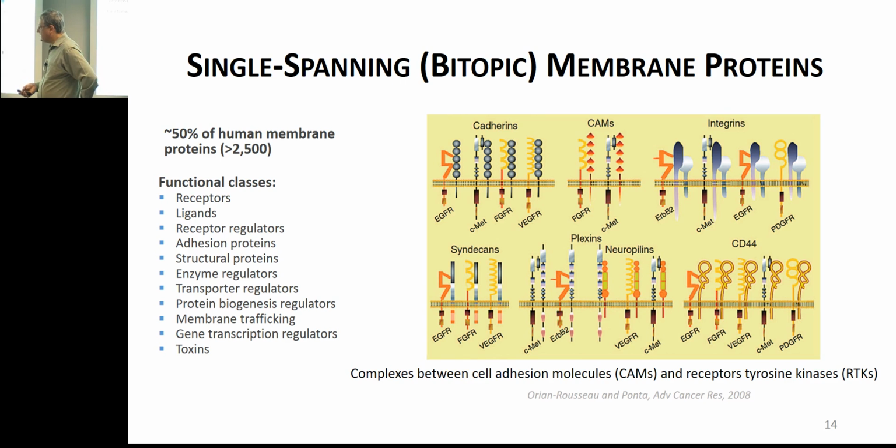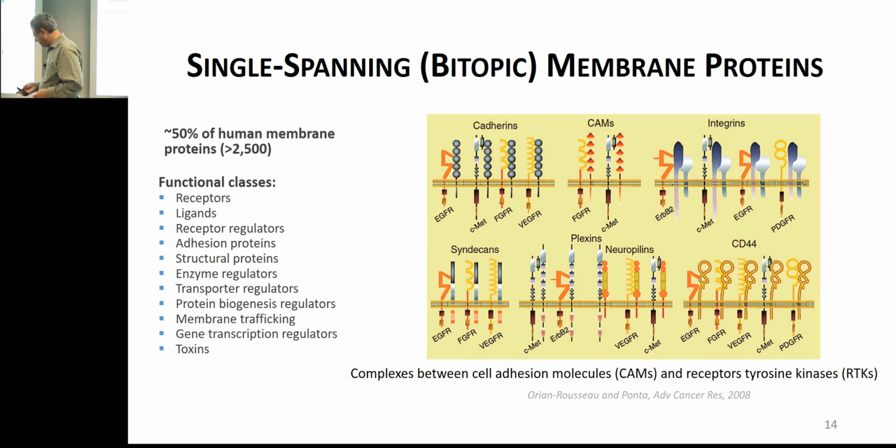Some of them are enzymes, transporters. They are involved in membrane trafficking, like intracellular membrane trafficking, and so on. And they belong to many well-known families like receptor tyrosine kinases, integrins, cadherins, and so on. And all of them have different structures.